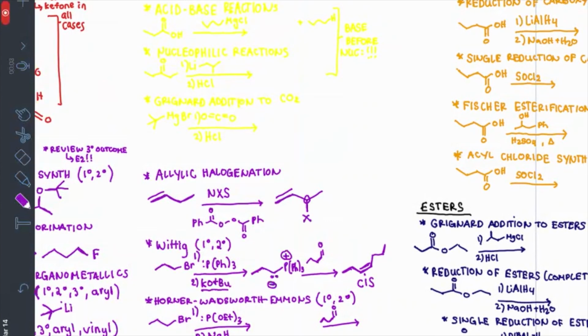In contrast to that, we have the Horner-Wadsworth-Emmons reaction, okay? This will give us the trans alkene version. And so the main difference is that we use a phosphate ester right here and NaH as the base. And so what that means is we're going to, instead of replacing it with the PPh3, we're going to replace the bromine with a phosphate ester as so. Okay.